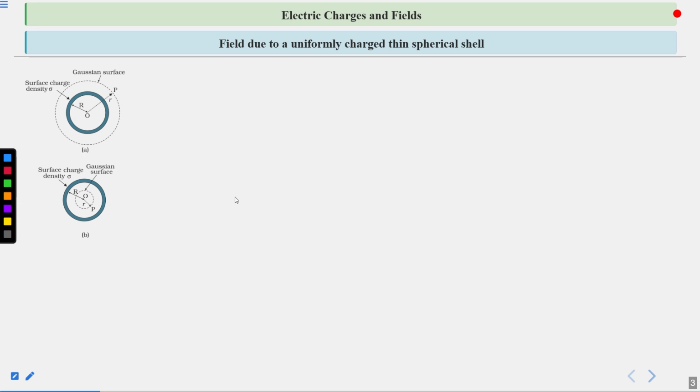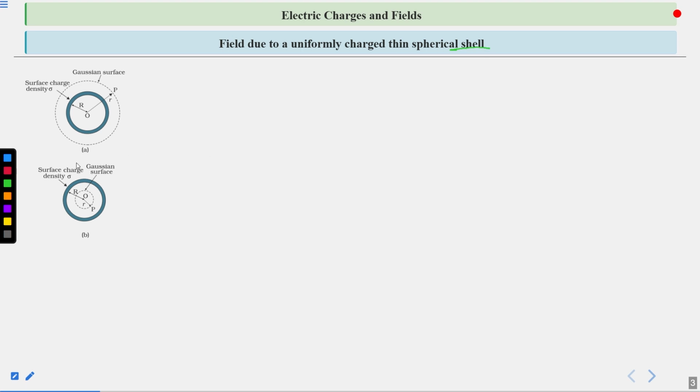So in today's class, we will calculate the electric field due to a uniformly charged thin spherical shell at two key points.